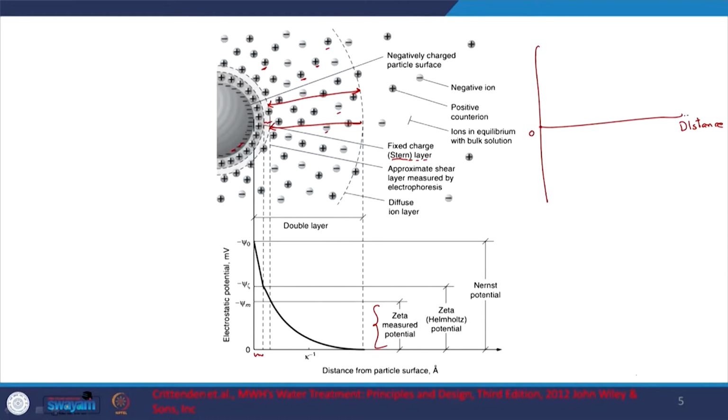As the other particle, which is also negatively charged, tries to come towards this, it is going to experience an electrostatic force of repulsion. And we are going to plot the repulsion in this location, right?